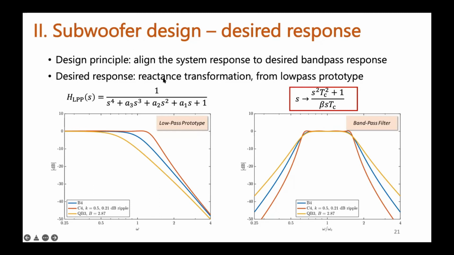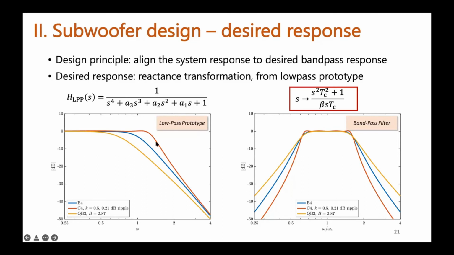We can get this using a frequency transformation or a reactance transformation from a low-pass prototype. The low-pass prototype is given in this form with three unknown coefficients in the denominator. And here are shown several typical responses, which you may be familiar with.